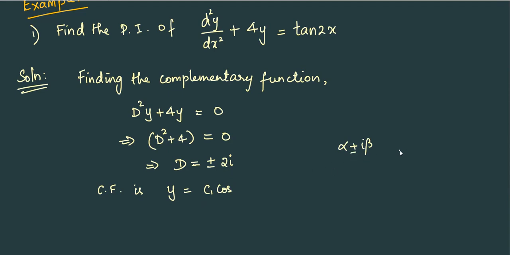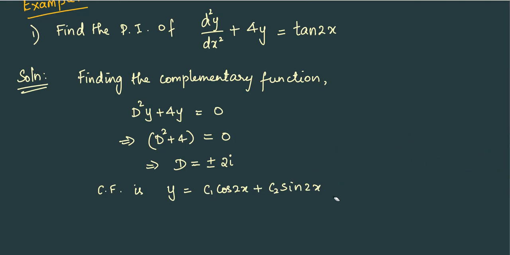So the complementary function is e power alpha x times (c1 cos beta x plus c2 sin beta x). All right. So c1 times cos 2x plus c2 times sin 2x. This is the complementary function. Okay.